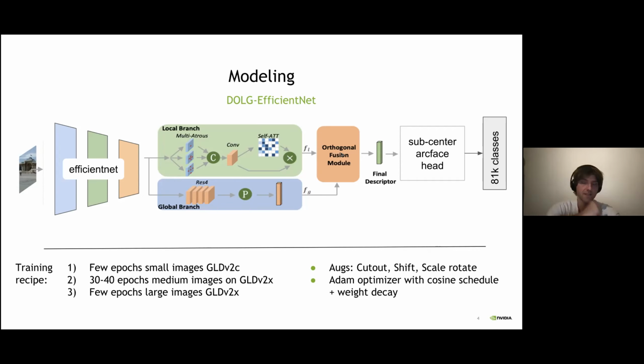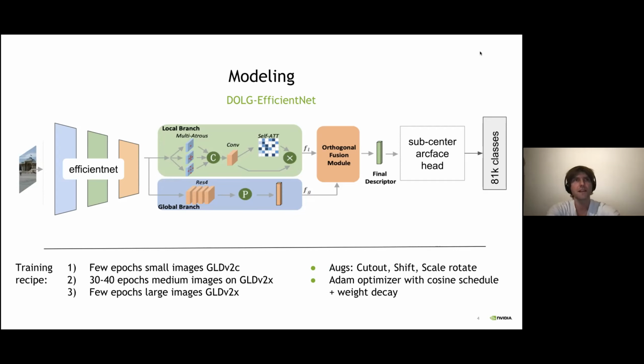What I did improve compared to the paper is that I added a few layers of EfficientNet for encoding of my model and was able to use larger images by this. What I also used differently than the original paper was a subcenter ArcFace loss, where for each landmark class, you have a small number of centers, in my case, 3.